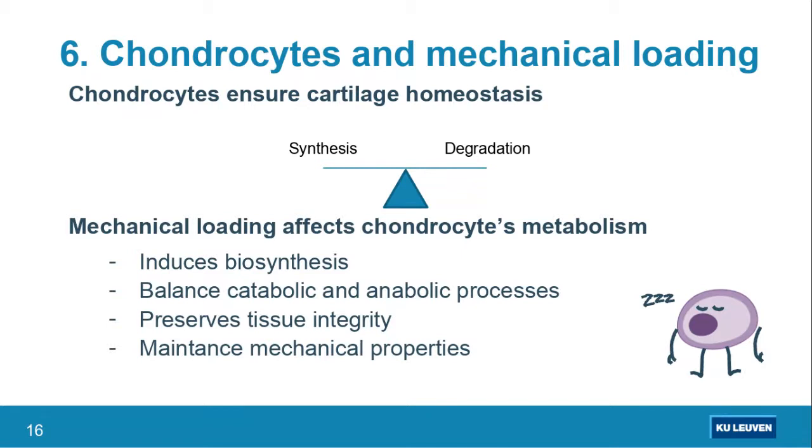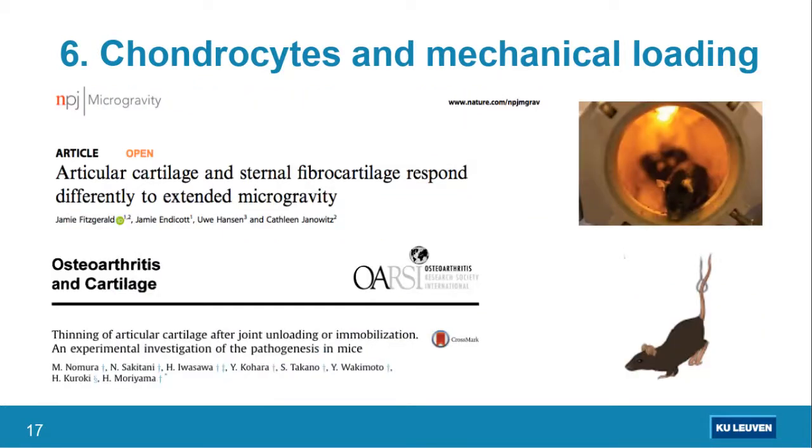It's going to help to keep this balance between catabolic and anabolic processes, so this balance between synthesis and degradation of the matrix. It's going to help to preserve the integrity of the tissue and therefore to maintain the mechanical properties.